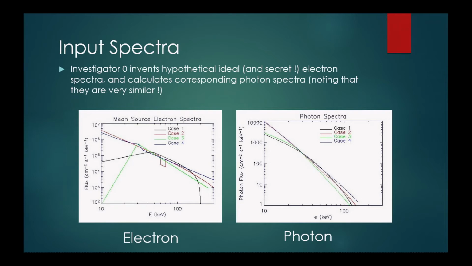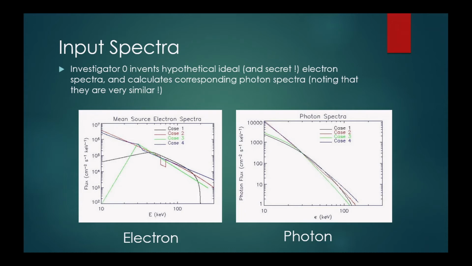So the question was, could we, in fact, take these photon spectra, apply regularized inversion algorithms, and recover these somewhat unusual-looking input spectra? To make this realistic, I didn't tell investigators 1 through 4 what the initial spectra were. I kept it secret.